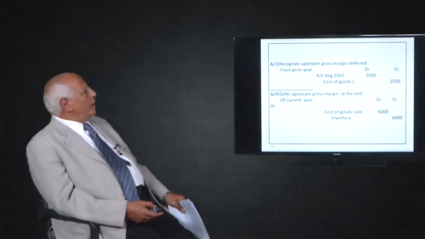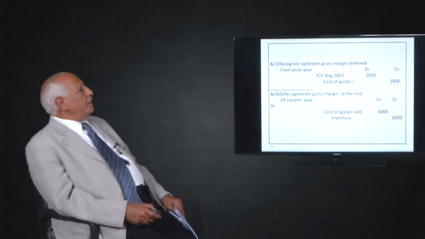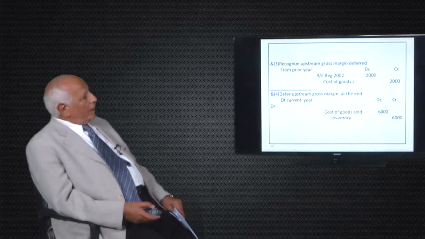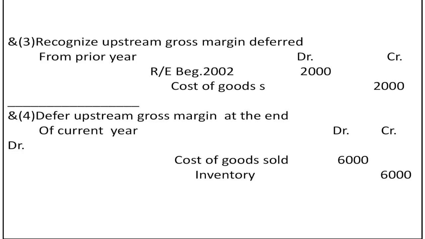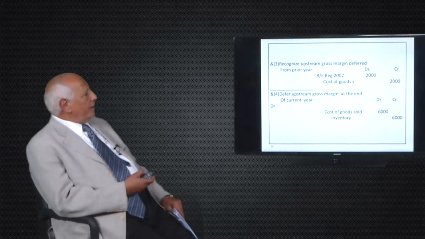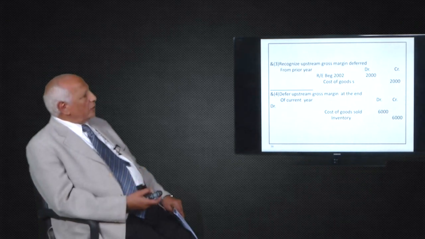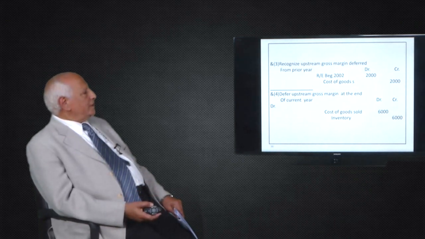And recognize the upstream gross margin deferred from the prior year. That's 2,000, remember? We need to recognize it. Debit retained earnings beginning, 2,000; credit cost of goods sold, 2,000.